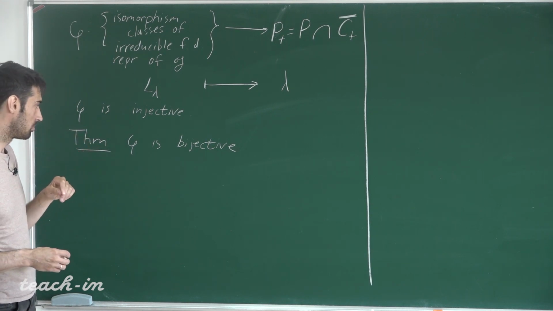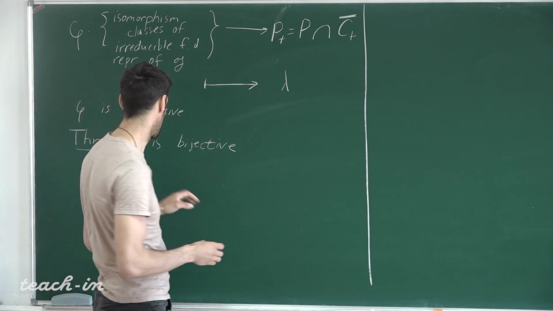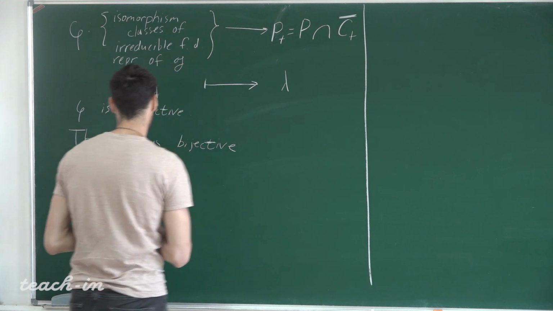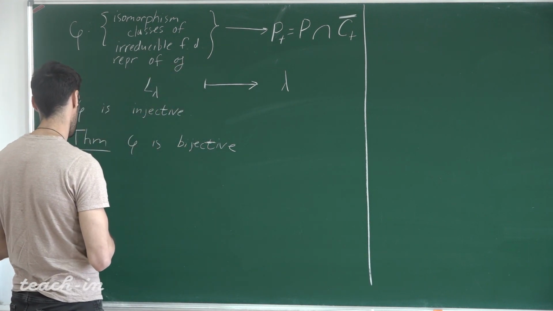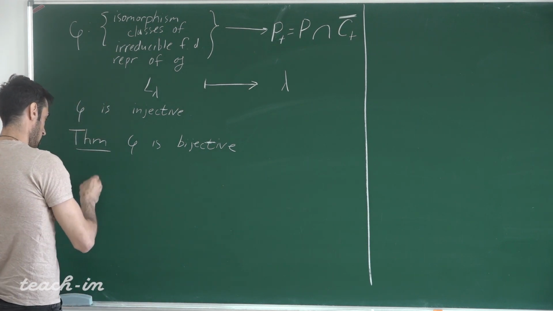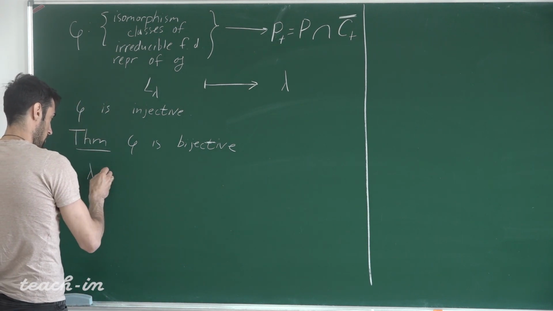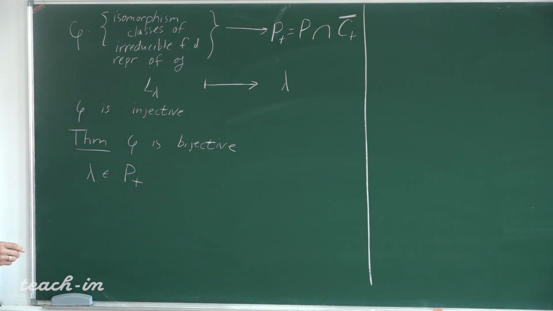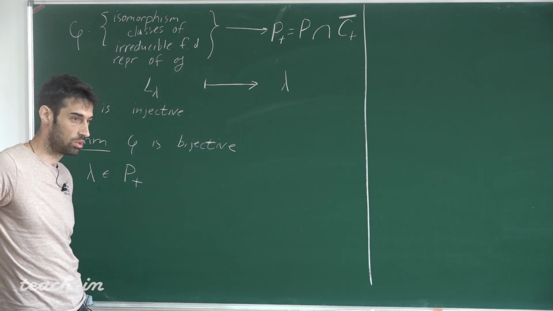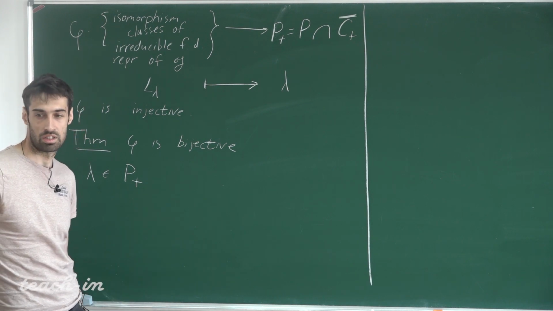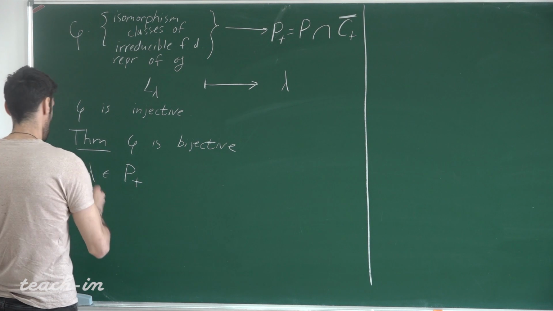And we made some progress in the proving of this theorem. We actually had the following construction. We fixed some lambda from P plus. Such lambda are sometimes called dominant integral weights, so I will use this terminology from time to time.